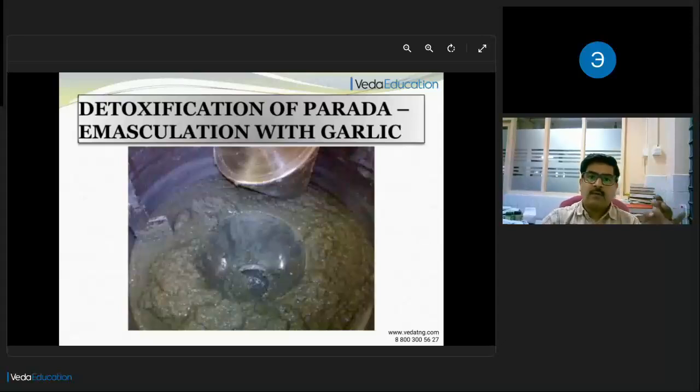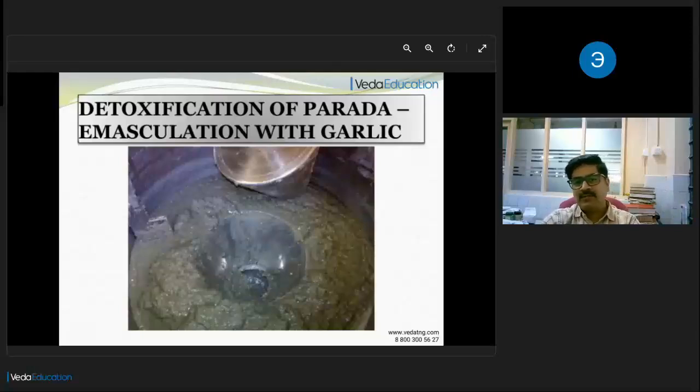Okay? So before going to these preparations, this mercury has to be purified properly. Initially the mercury will be purified by grinding with garlic petals, the normal garlic. Once after grinding with garlic petals, that mercury will be squeezed off, and that mercury is used in the preparation.